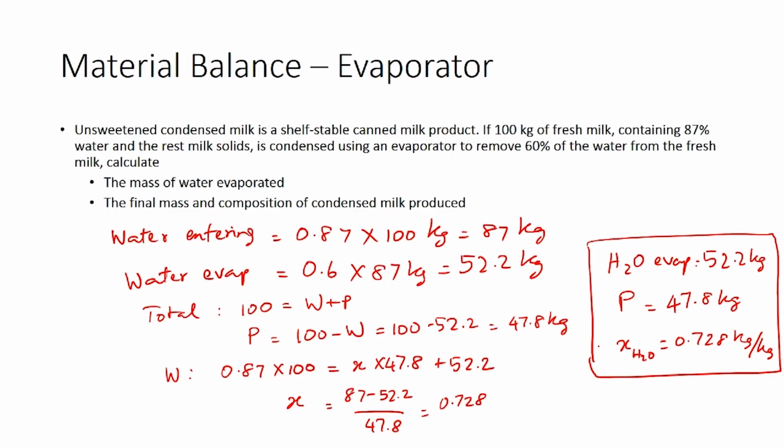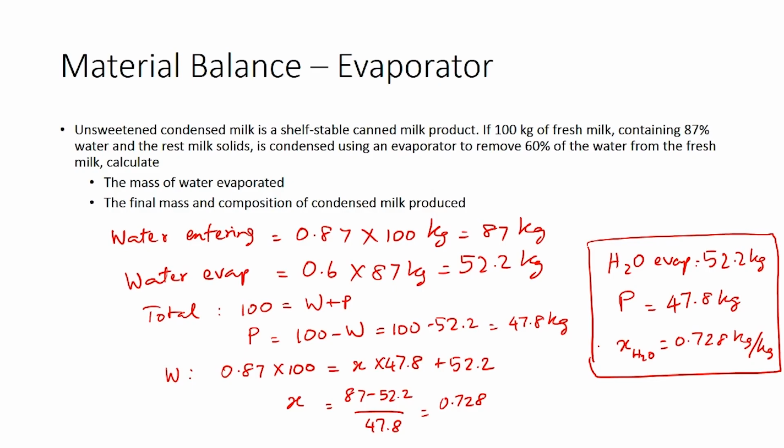Let me walk you through my balance equations one more time so that there is some clarity. So, the total mass balance was reduced to input equals output because there are no reactions and there is no accumulation for a steady state process. So, we would have input which is 100 is equal to the summation of the two outputs which are W and P, and the component balance for water has been written as mass fraction of water in the input stream times the flow rate of the input stream, giving you the total mass of water entering the system, and this is equated to the mass of water leaving the system, which is two components.